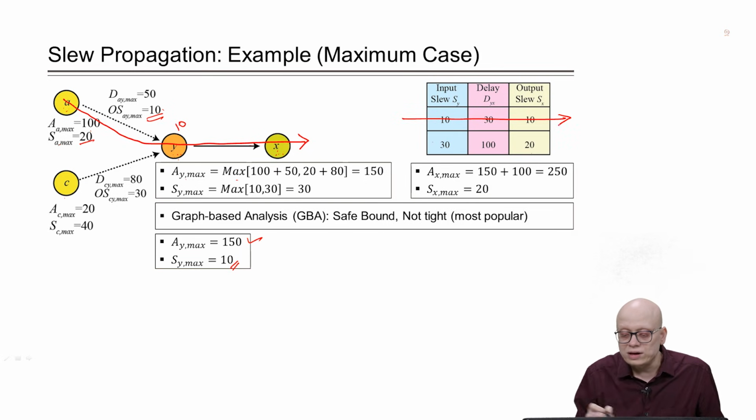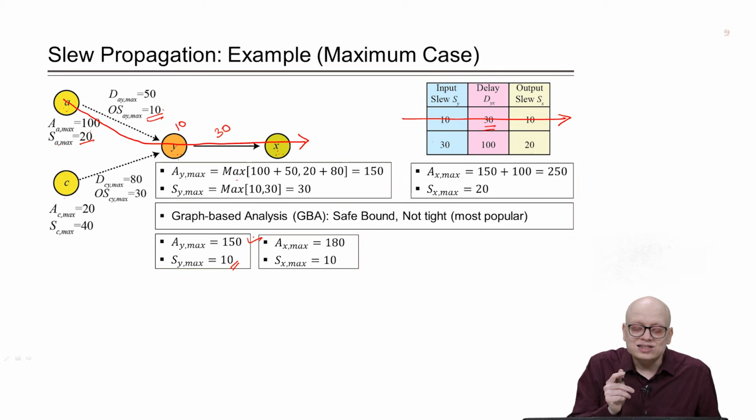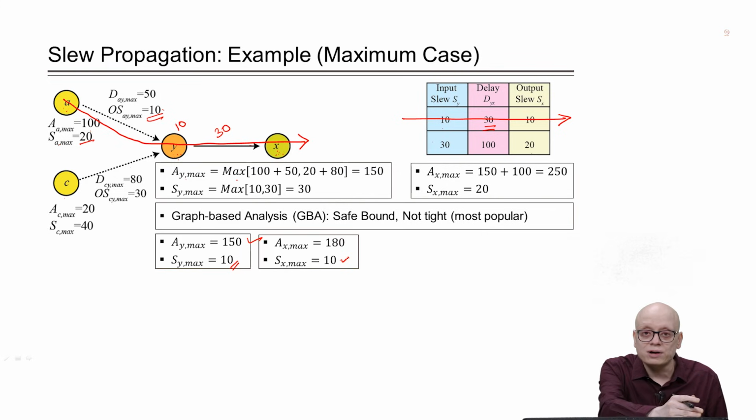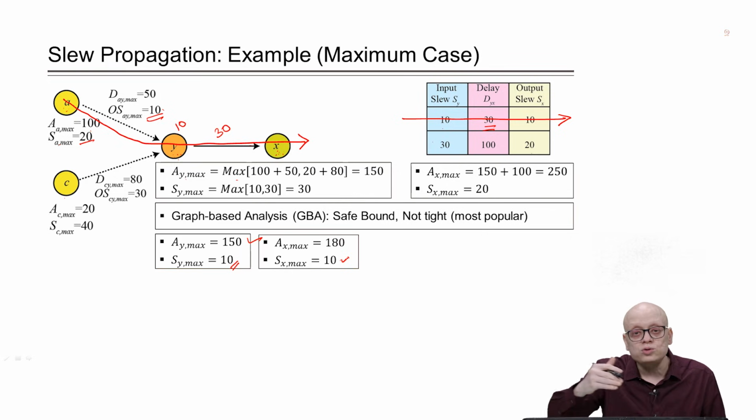In this row, the delay is 30. So, the delay of this edge is 30. The arrival time at x will be 150 plus 30, that is 180, and the slew obtained at x will correspond to this row and it will be 10. So, this is the correct arrival time if the signal propagates through A to y to x.